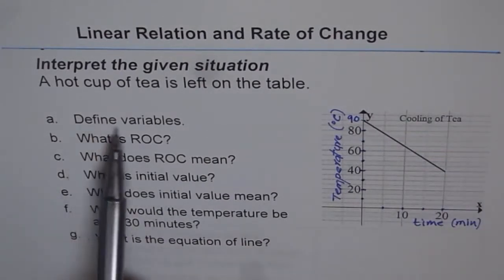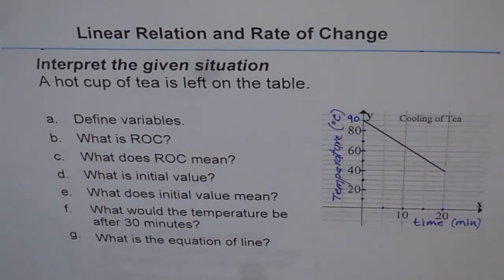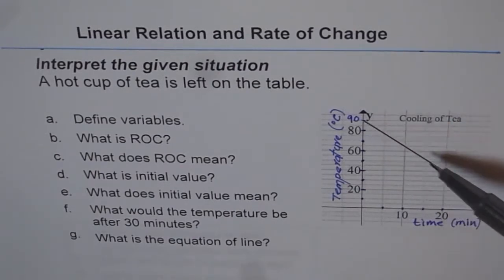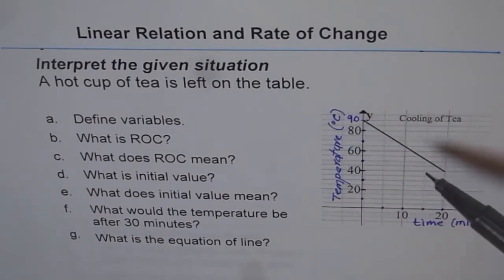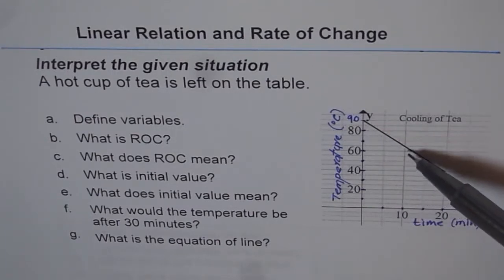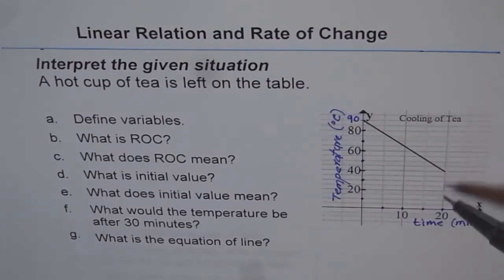So that is how you can define your variables, correct? Now cooling of tea is very evident from the graph. Temperature initially is 90 degrees Celsius and it drops every minute. In 20 minutes it drops down to 40 degrees Celsius.